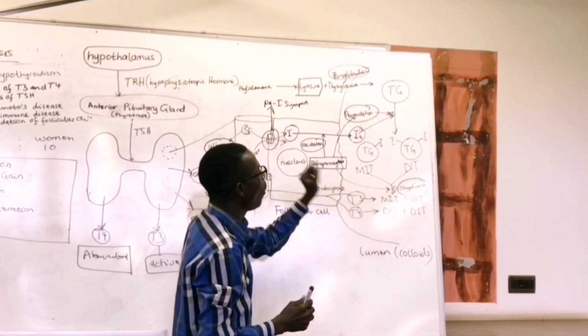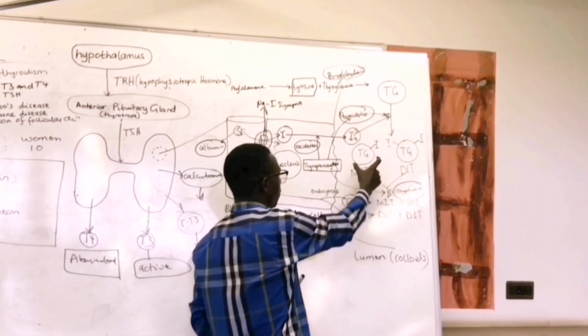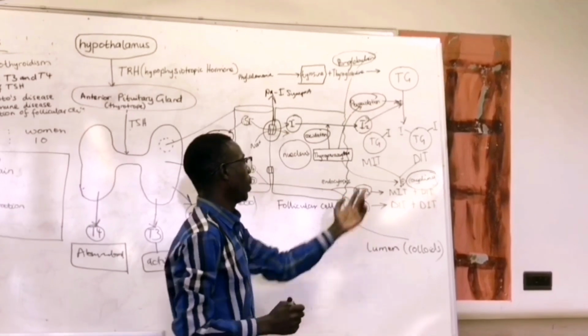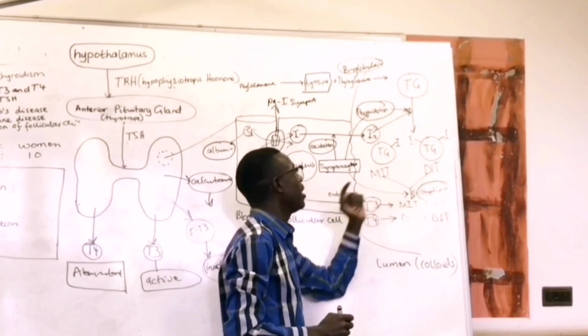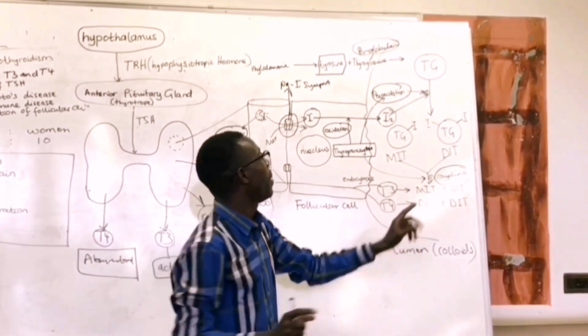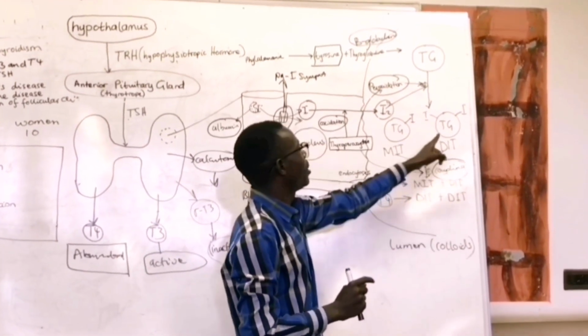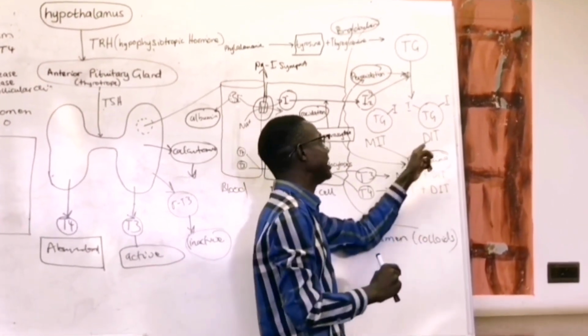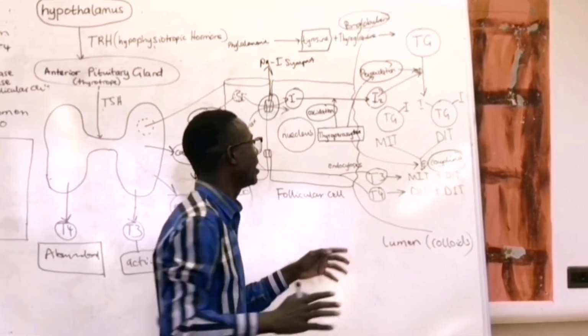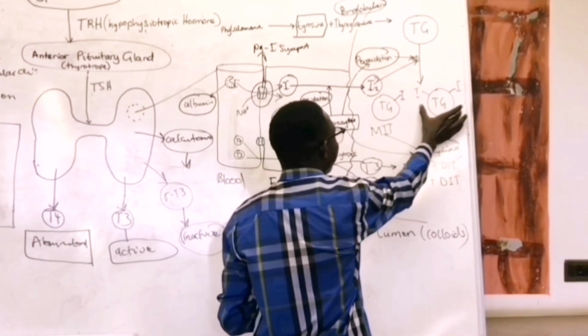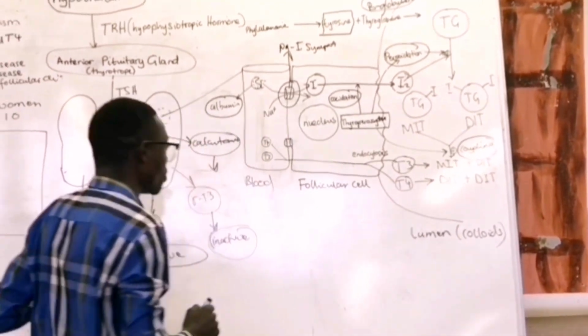If one iodine is bound to TG, we form monoiodotyrosine. If 2 iodines bind to TG, we form diiodotyrosine. Right. So these are essential for the production of these hormones.